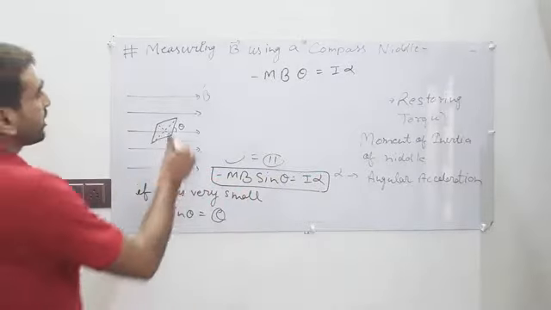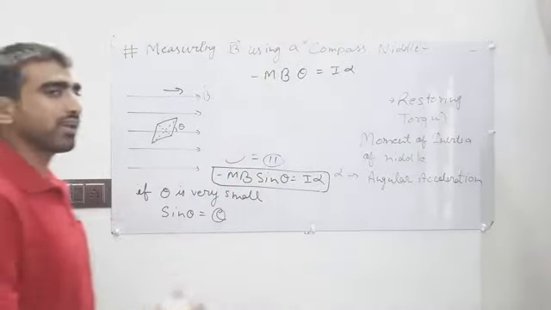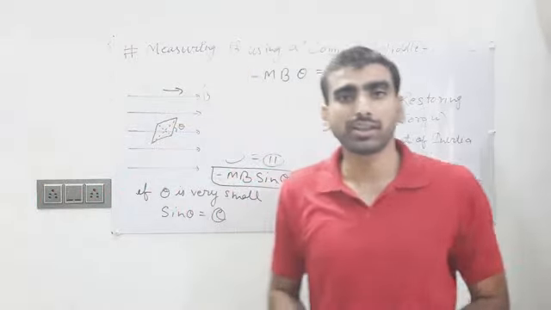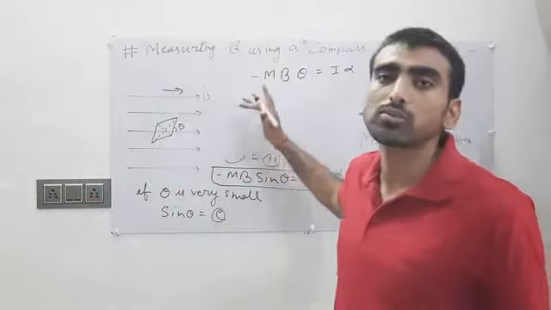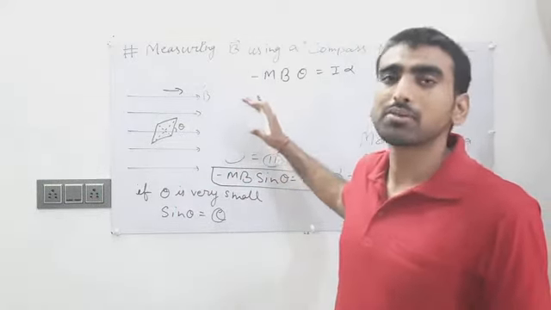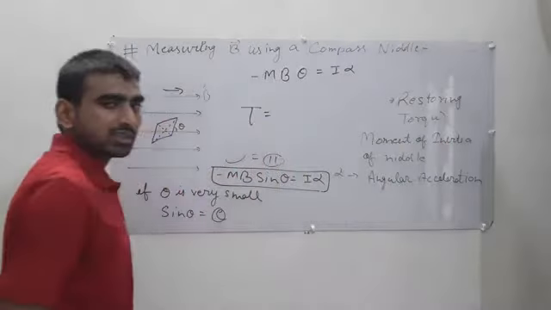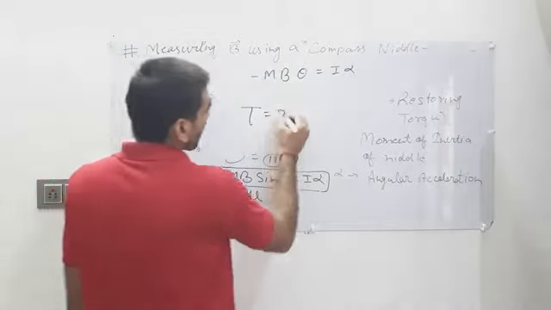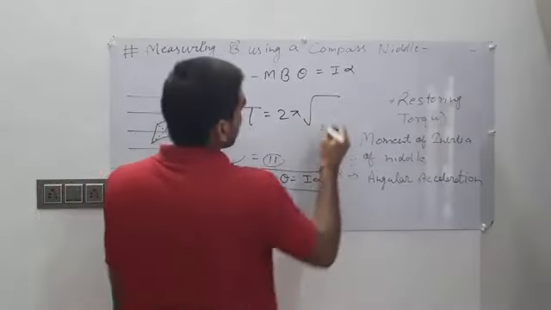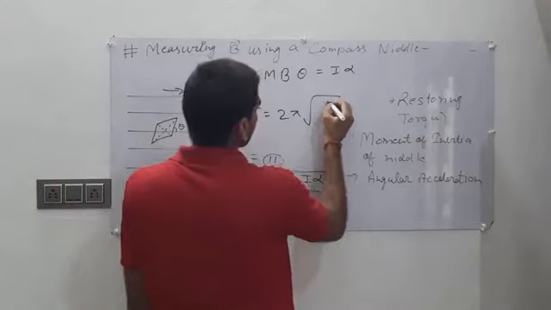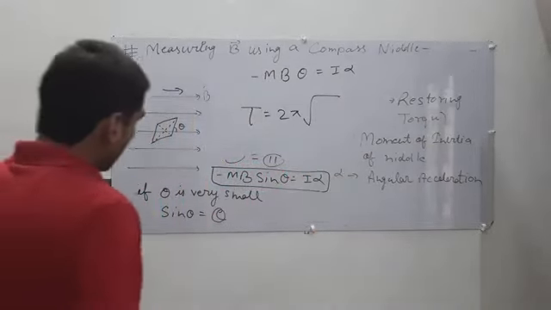If anything moves periodically, then it is said to be a simple harmonic motion. And you know that the time period in simple harmonic motion is 2 pi under root theta upon alpha.